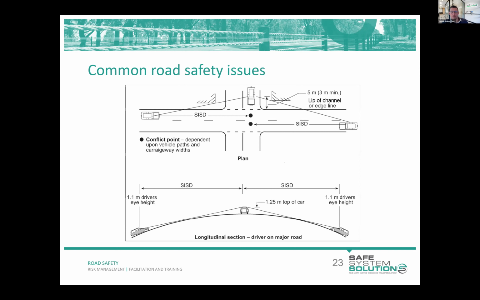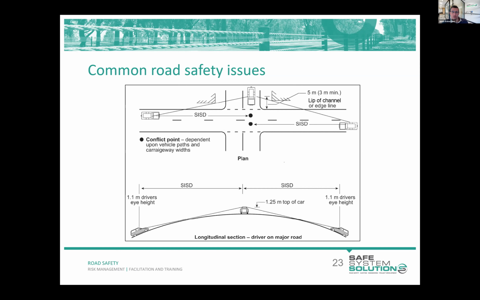So this snip comes from Austroads Guide to Road Design Part 4A. And there are a few important things that it demonstrates. We need to consider sight distance requirements in the horizontal and the vertical plane. So the vertical geometry of a road, and particularly crests, is important to achieving sight distance requirements.